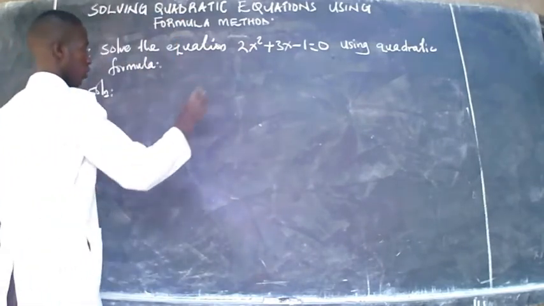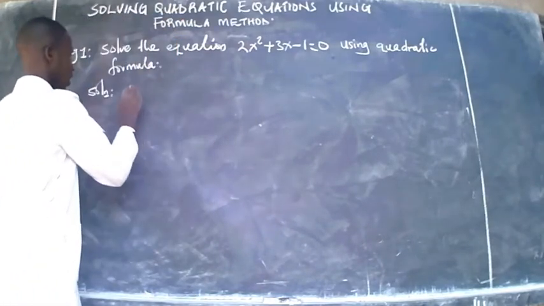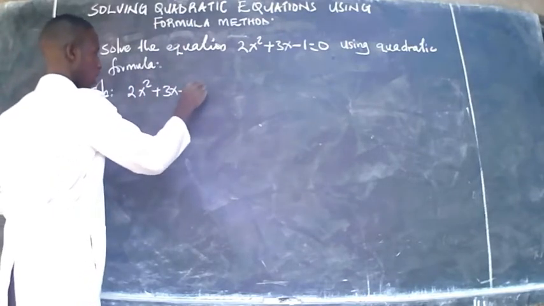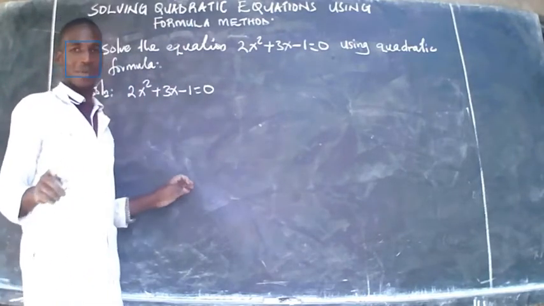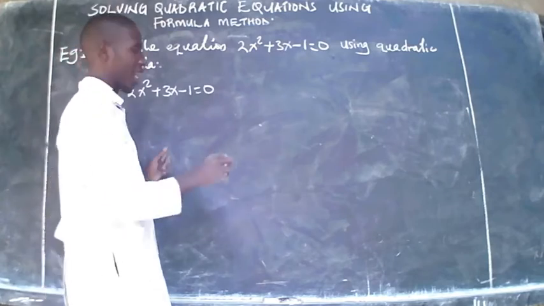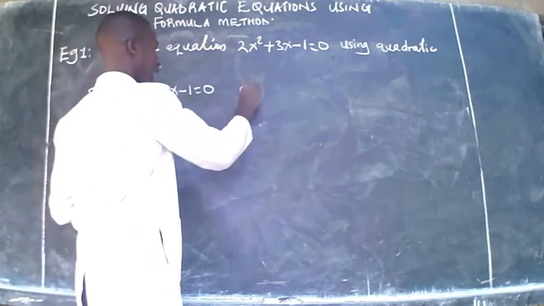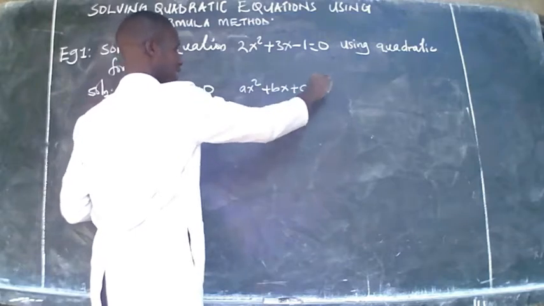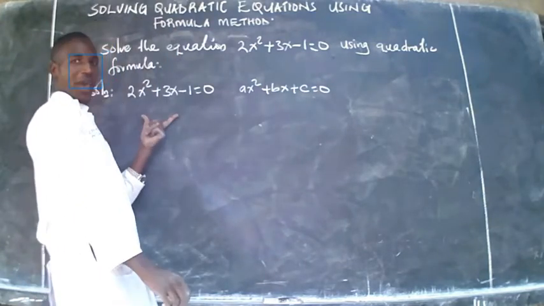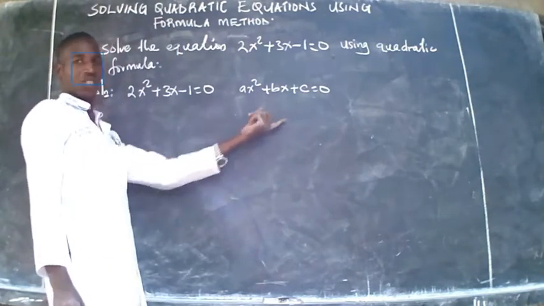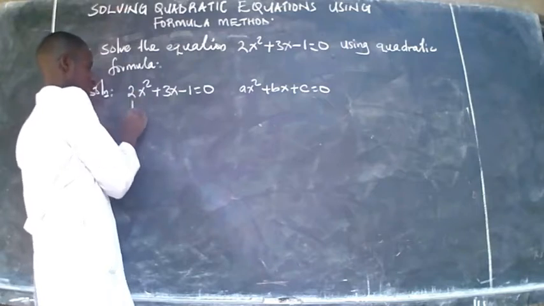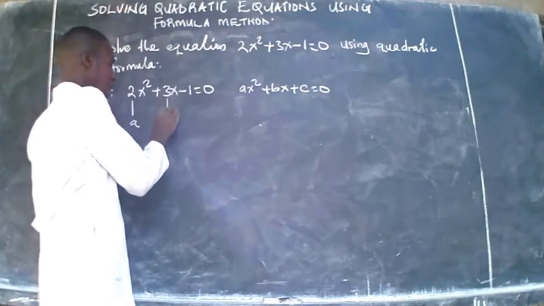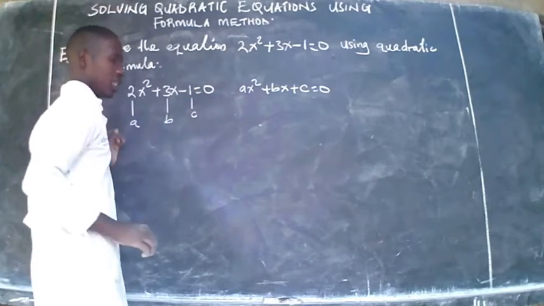So our equation is 2x squared plus 3x minus 1 equals 0. Please don't forget, we are comparing with ax squared plus bx plus c equals 0. So when you compare, we shall realize that this one is our a, this one is our b, and this one is our c.